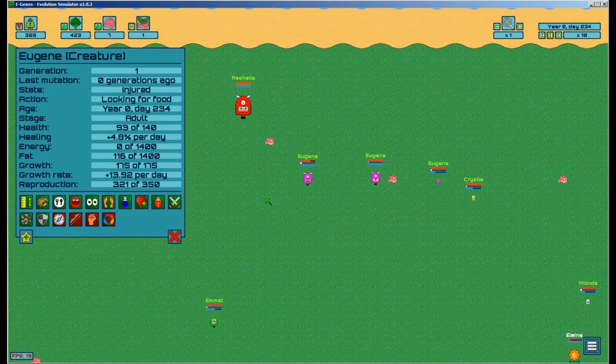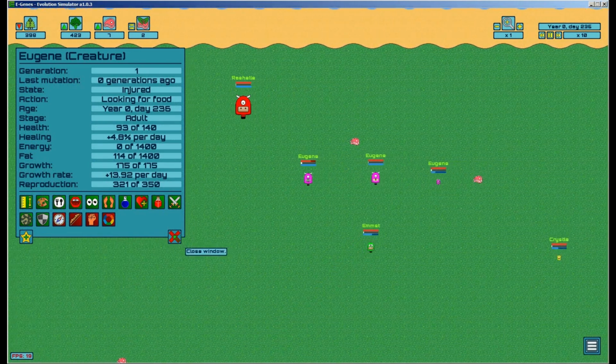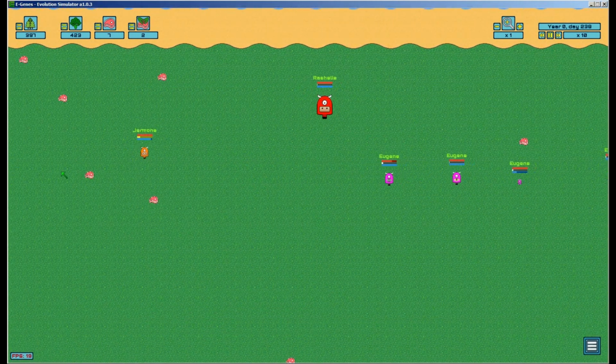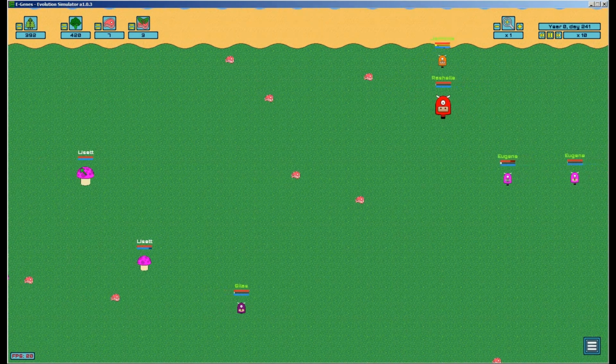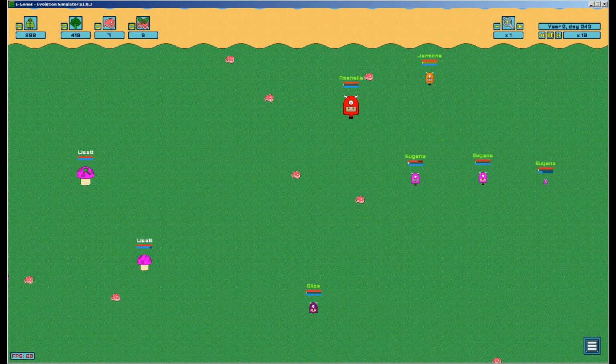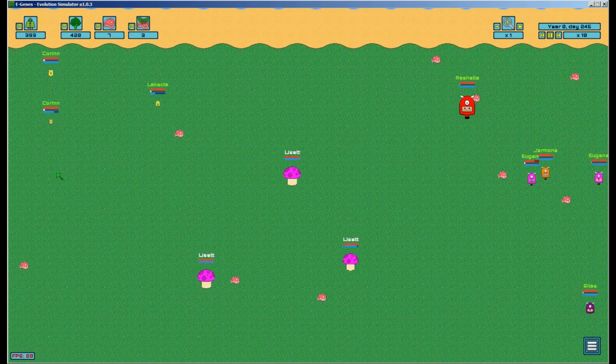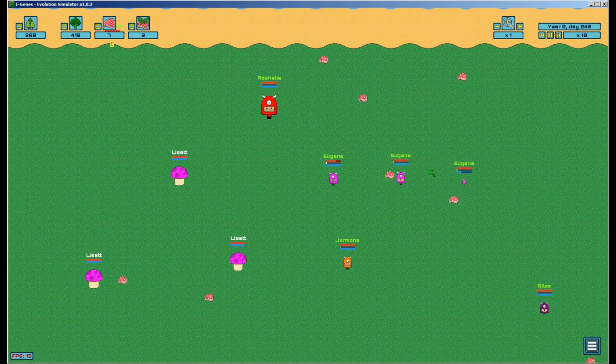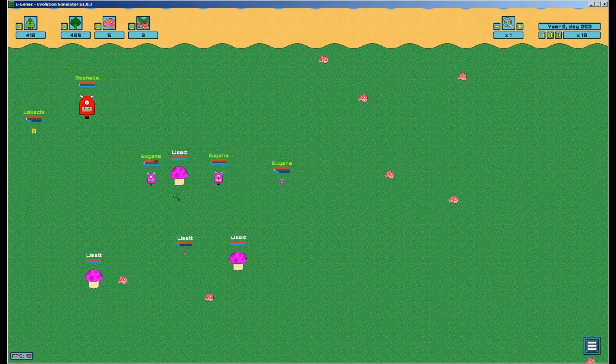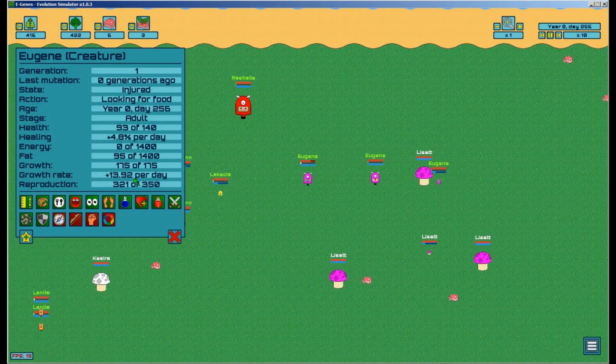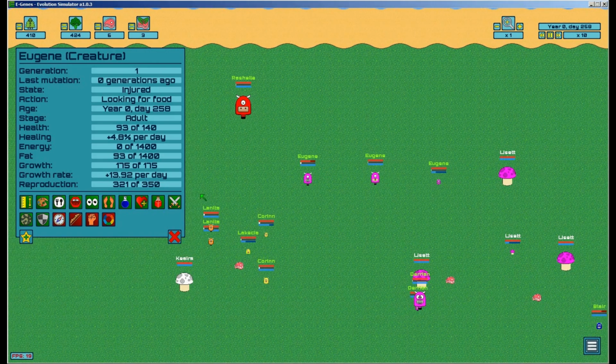This herd of Eugenes is having a hard time finding food. Fat is consumed when energy gets below zero.